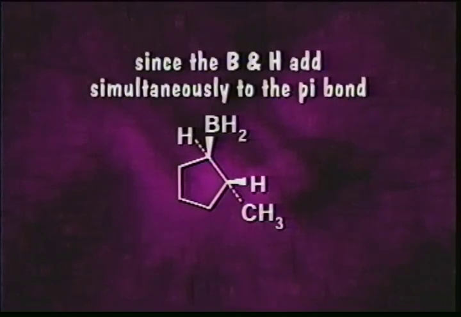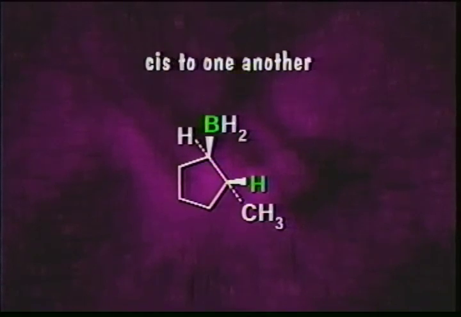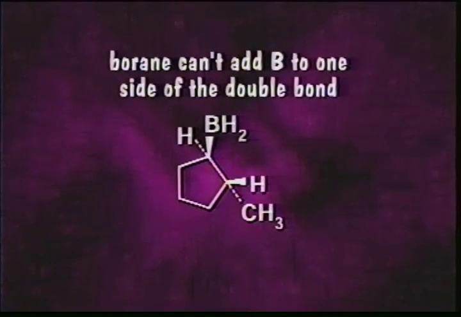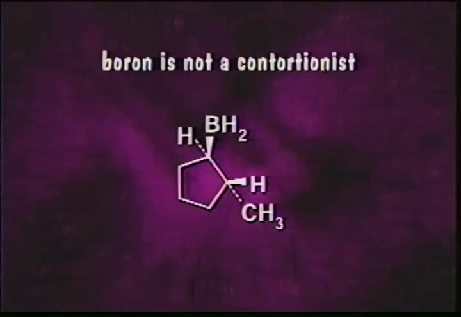Notice that since the boron and hydrogen are adding simultaneously to the pi bond, they wind up on the same side of the ring, cis to one another. The addition is syn because the borane can't reach around and add boron to one side of the double bond and hydride to the other at the same time. Boron is not a contortionist.